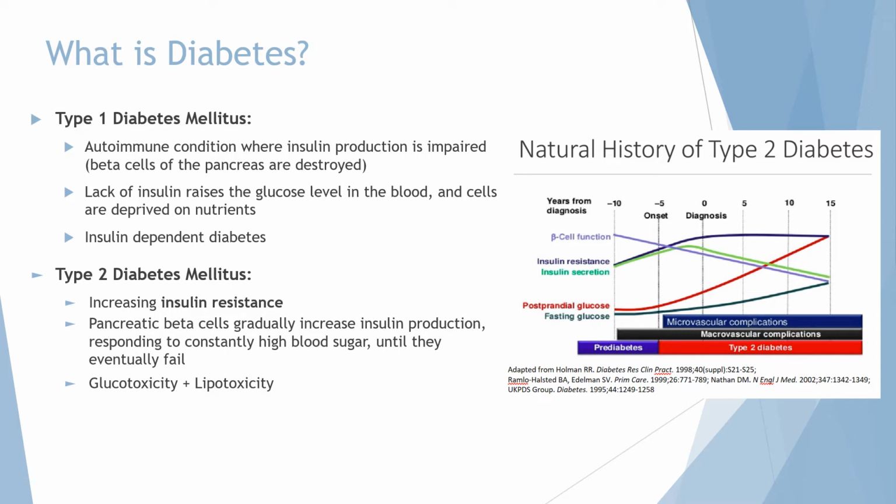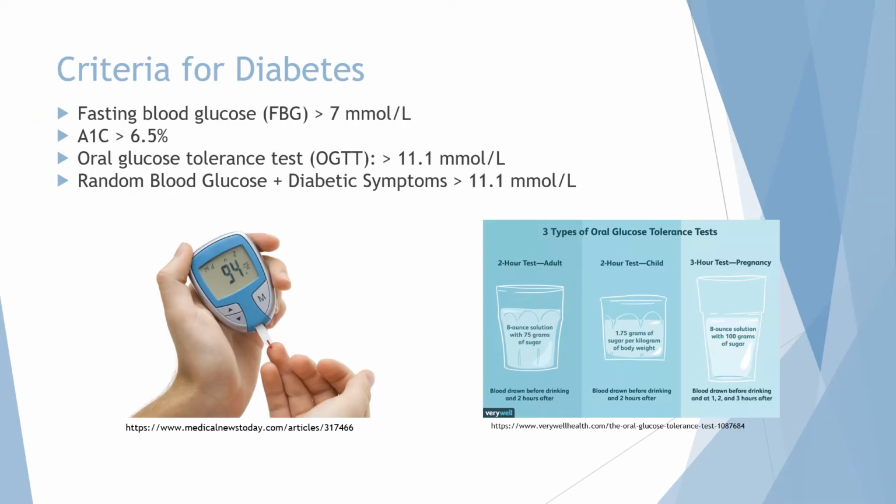In the process of breaking down lipids and producing acidic ketone bodies, the body inevitably enters a further state of deterioration. So, with type 2 diabetes, glucotoxicity is combined with lipotoxicity.